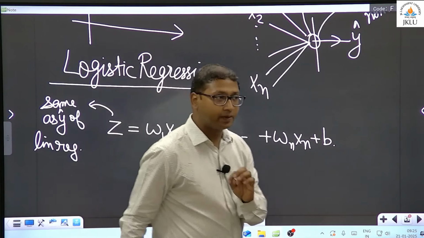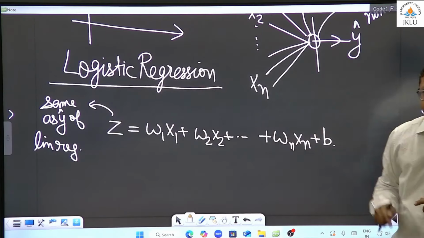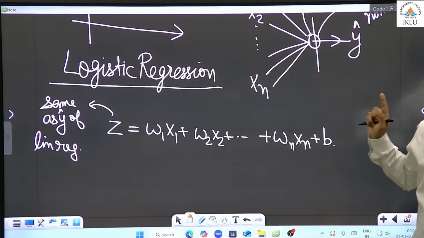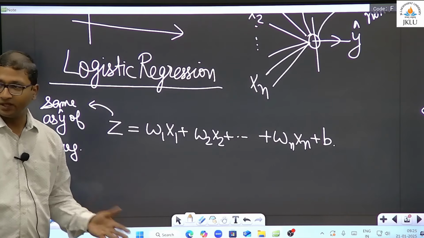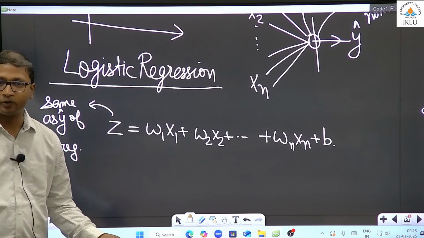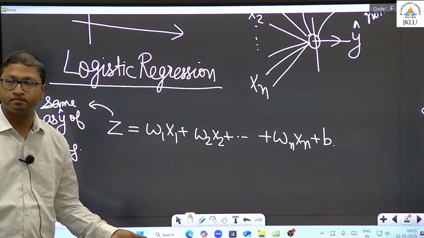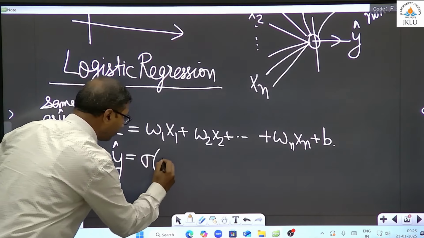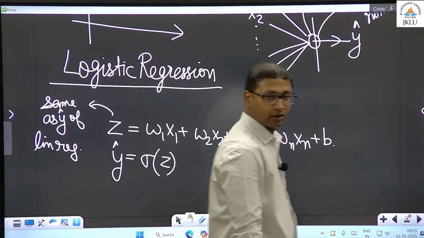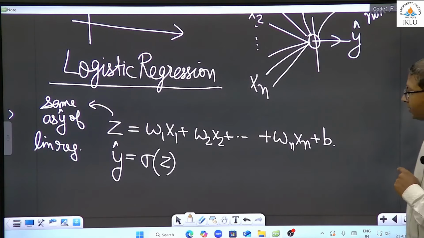This Z is same as the y hat of linear regression, but in this case it is not. In this case, what is y hat? Have you done it? Yes. So y hat is sigma of Z, and what is sigma?